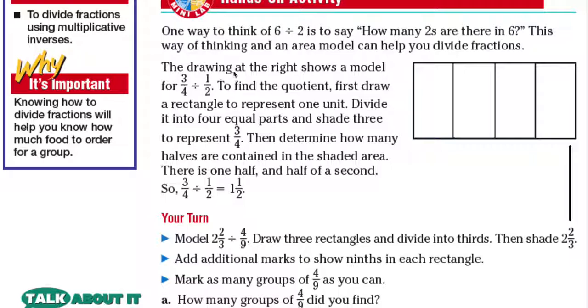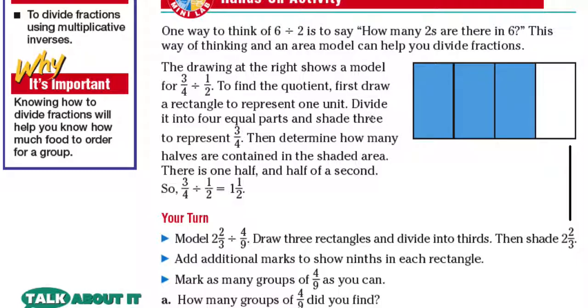The drawing at the right shows a model of 3/4 divided by 1/2. Why is it 3/4 divided by 1/2? When this is shaded blue, that's 3/4, and we want to divide it by 1/2. Before we do that, to find the quotient, first draw a rectangle to represent 1 unit. That's our rectangle.